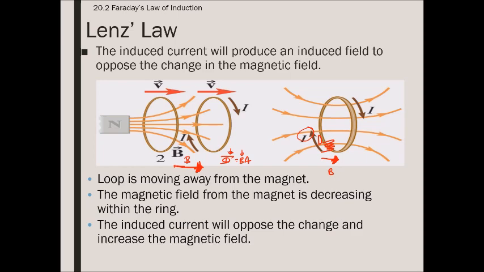So basically you can think of Lenz's law as being kind of stodgy, not liking change. The current will always try to maintain the status quo and always try to make a magnetic field that makes the magnetic field stay the same, makes the flux stay the same. It opposes change.